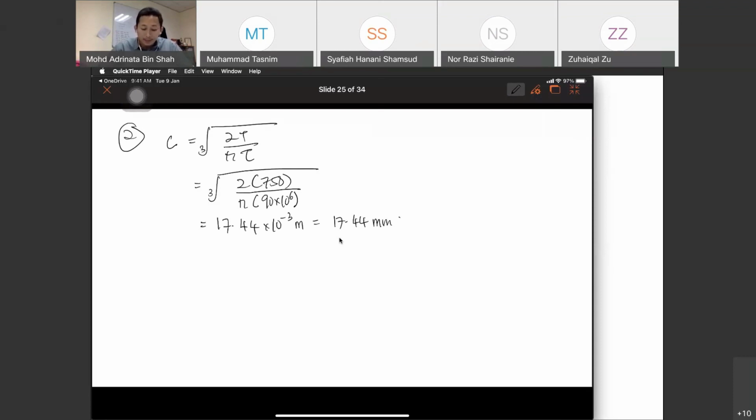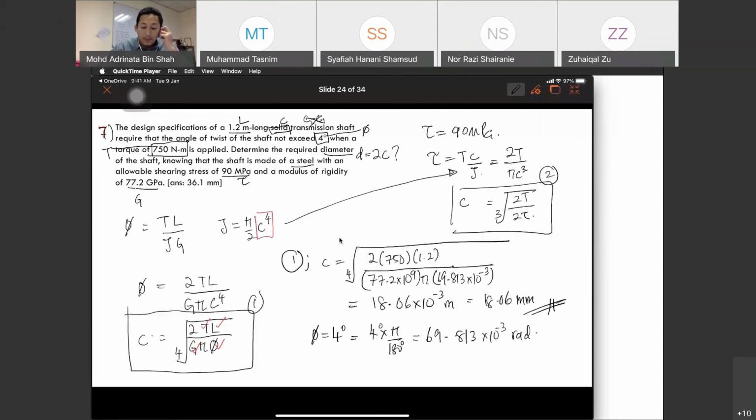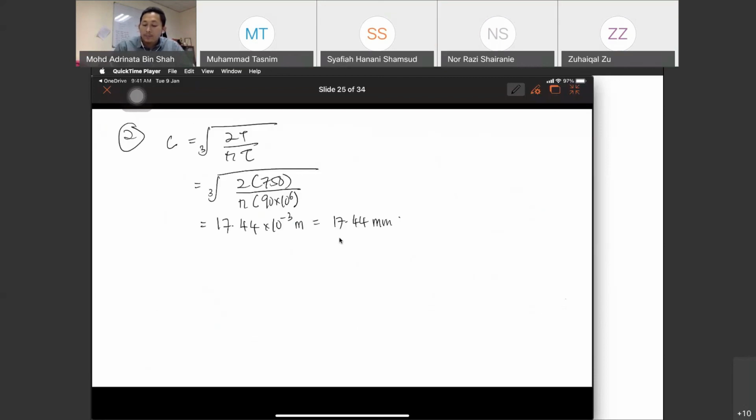The question: determine the required diameter of the shaft, knowing that the shaft is made of steel. Determine the required diameter. The diameter is 2c, and you have two things to solve to get the answer.